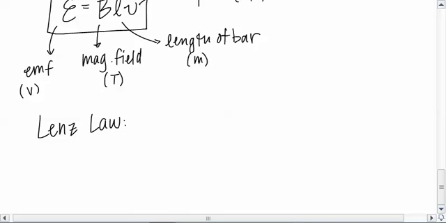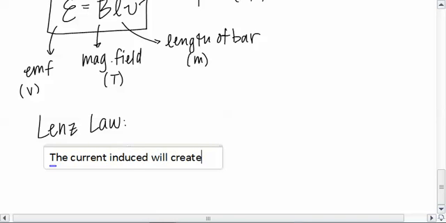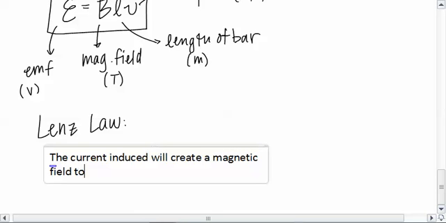I like to think of it as the current induced will create a magnetic field to oppose, is that right?